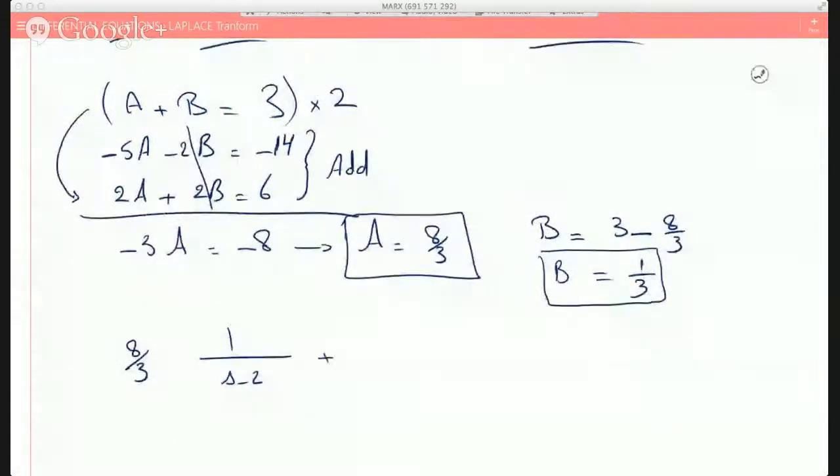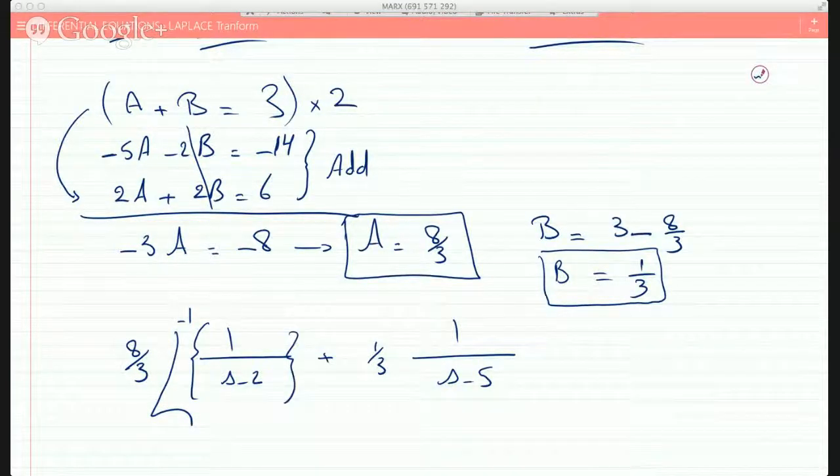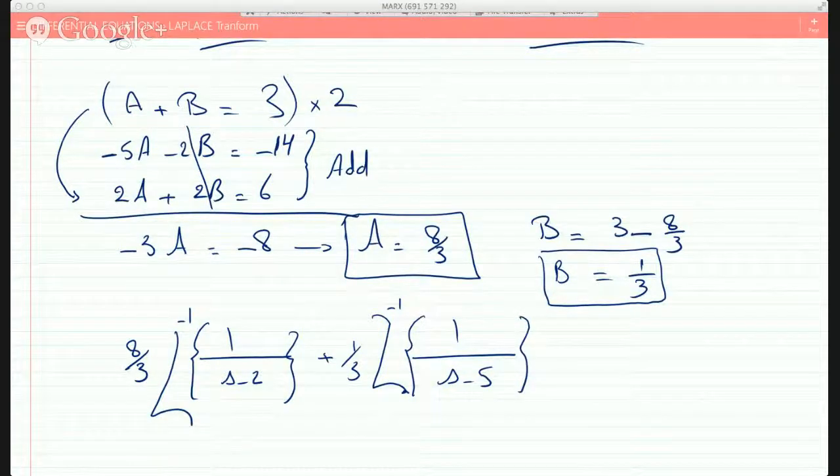So B, 1/3, times 1 over s - 5. And of course, the job is to take the inverse Laplace of each one. Since 8/3 is a constant, I can pull it out, right? So we're going to take the inverse Laplace of this plus 1/3 the inverse Laplace of this, because that's what this became.